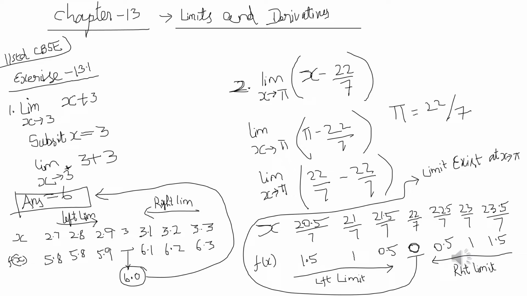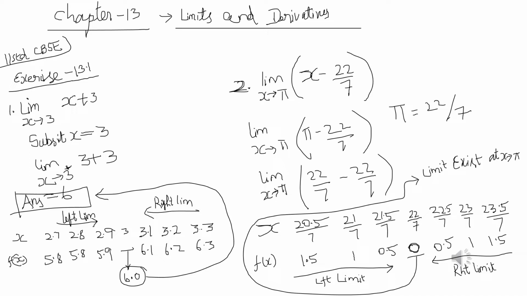Okay, let us move on to the second question, the limit as x approaches pi. Here x is not equal to pi, it's that x is approaching pi, so you should have a little clarification on this point. The function is x minus 22 by 7, where 22 by 7 is the approximate value of pi.